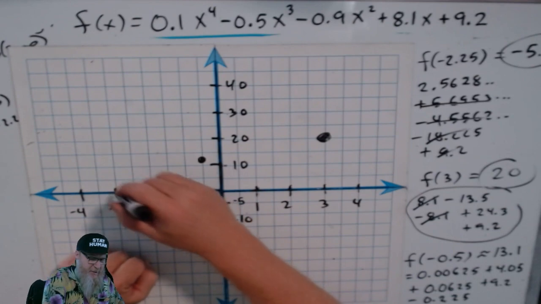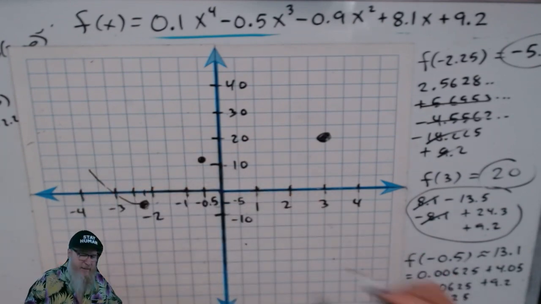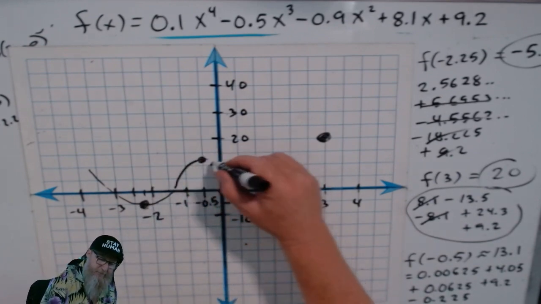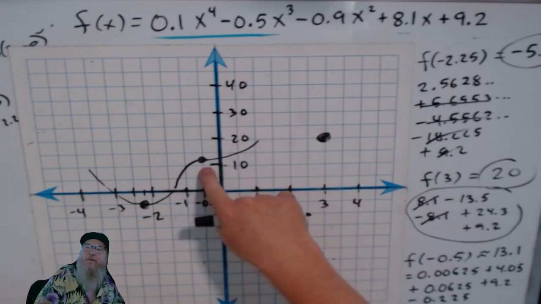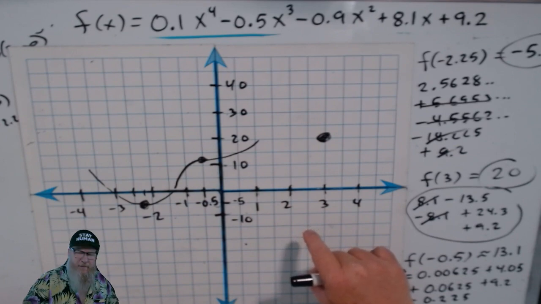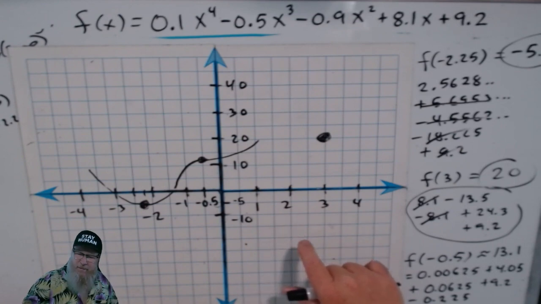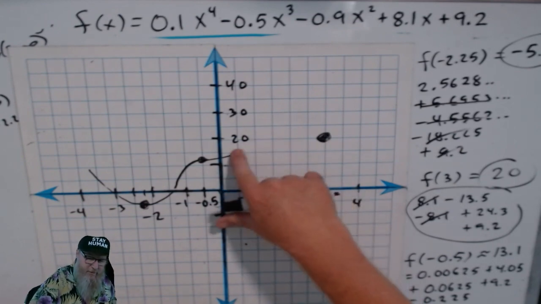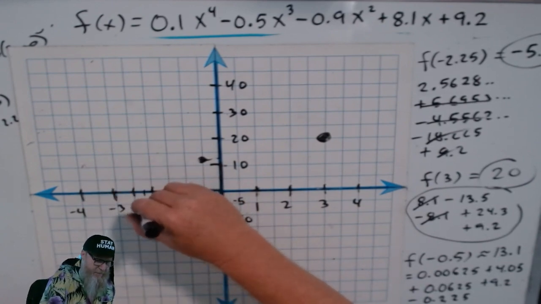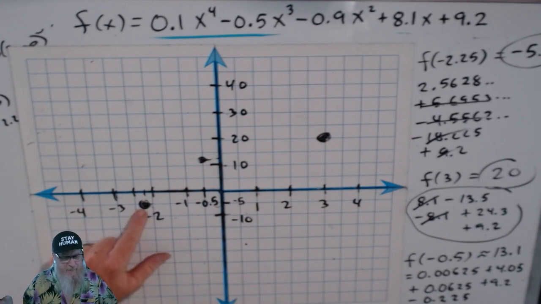All right, now remember, this was a minimum. This was an inflection. So it's changing its concavity. Actually, no, hold on a second. Let's get this straight. Negative 2.25 was a minimum.